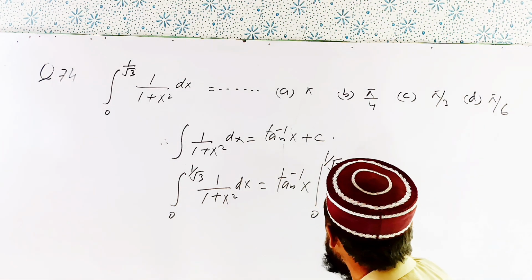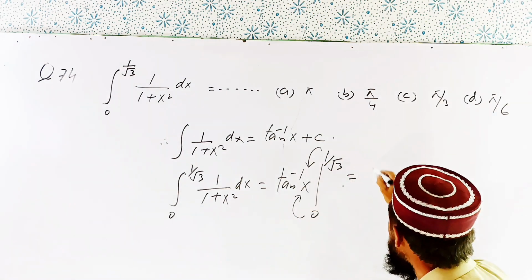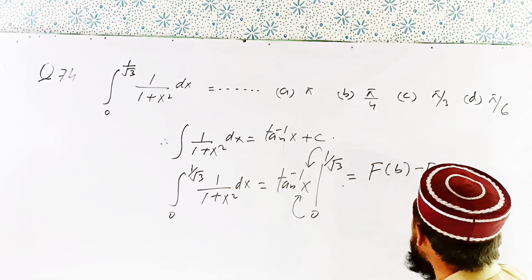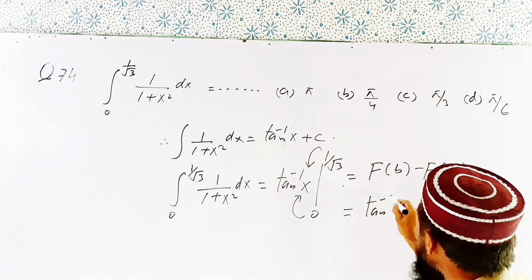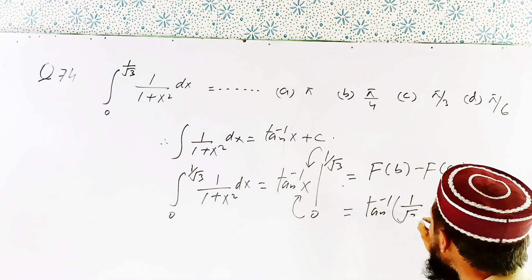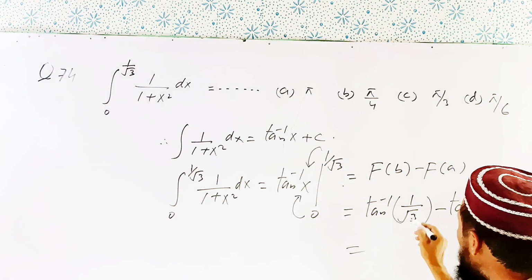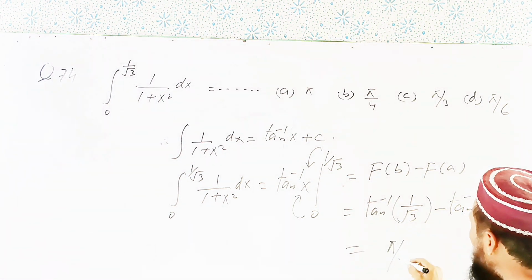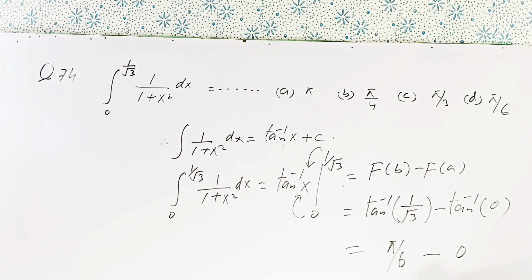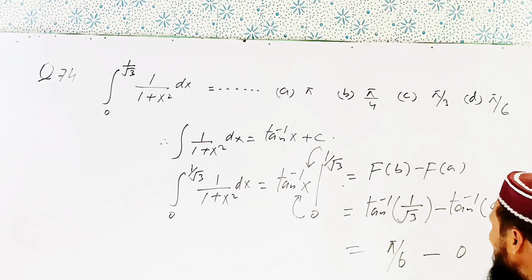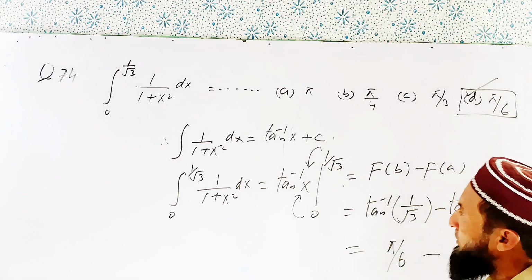First we put the upper limit in place of x, and the second is subtracted, f of b minus f of a. So tangent inverse of 1 by √3 minus tangent inverse of 0. Tangent inverse of 1 by √3 is pi by 6, since tan 30 gives this, minus tangent inverse of 0, which is 0. So pi by 6 is the correct option, and option D is the correct answer.